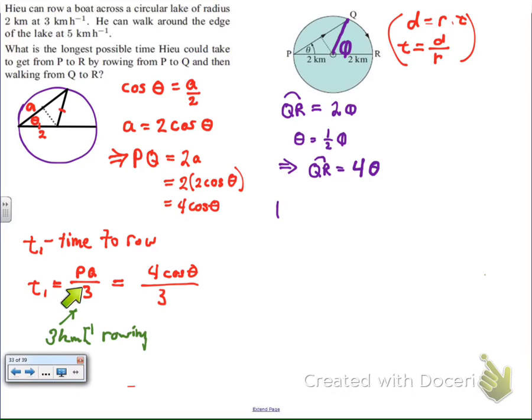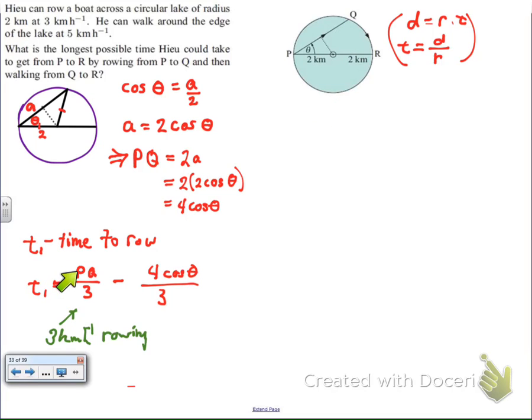So we take this distance across the pond divided by this rate, which gives me the amount of time it takes to row, and that should be equal to the PQ length divided by 3, or 4/3 cosine theta.